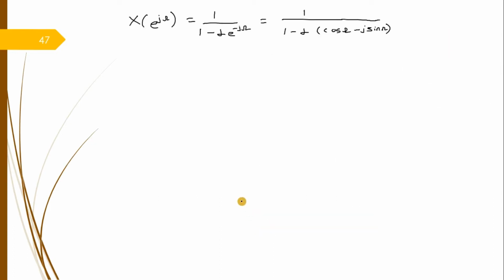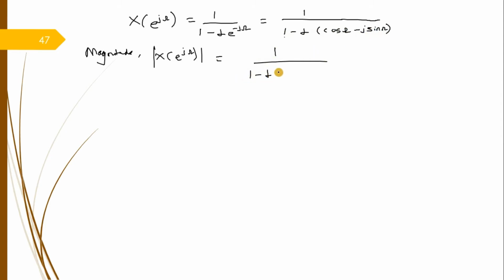Fine. So next, I'm taking the same equation here. Why? Because in your question, if it is asked to find out the magnitude and phase also, then this is very important. So I find the magnitude first, magnitude of X of e raised to j omega. This is given by 1 divided by, so 1 is a real quantity, alpha cos omega is a real quantity. After j, whatever you have, that is the imaginary quantity, right?